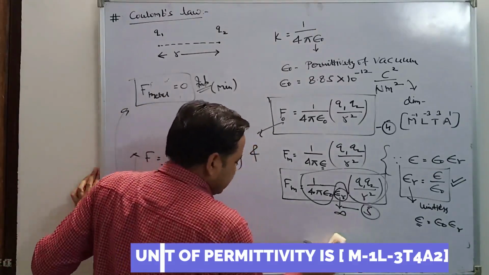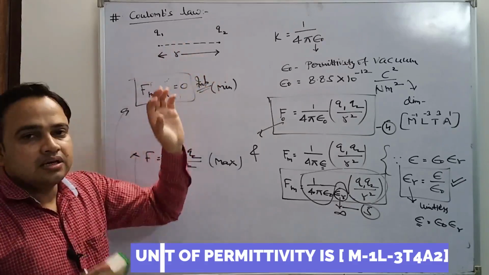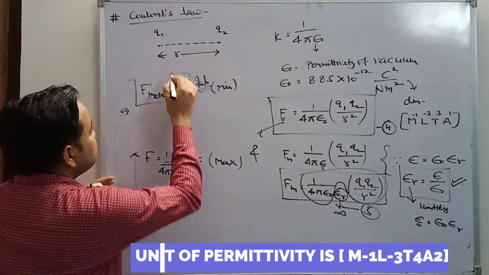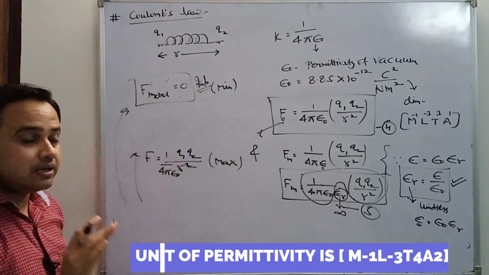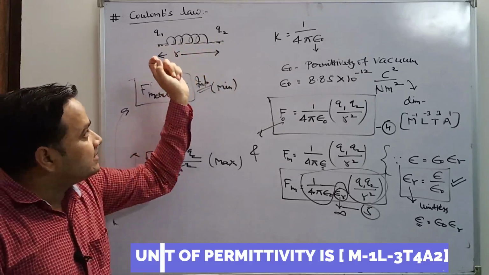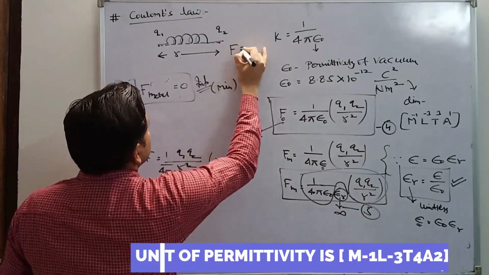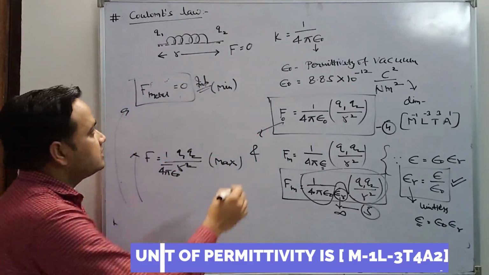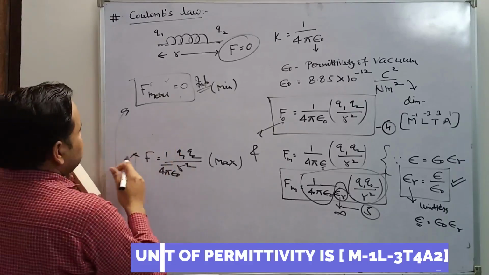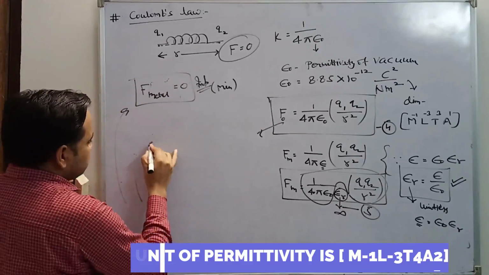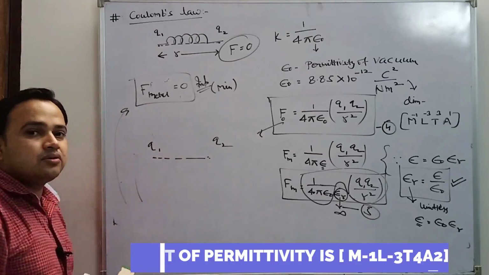Now look, generally this question is asked in exams: there are two charges. If we connect these two charges by a metallic wire, what is the net force on these charges? So the net force is 0. One thing more, if there are two charges, suppose q1 and q2, what is the direction of force?